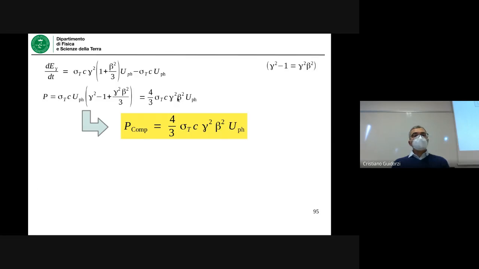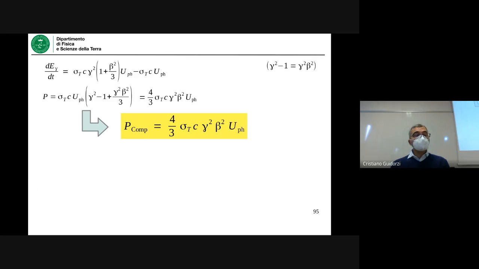So we finally proved the total power lost by the electron due to inverse Compton when it travels through a region filled up with a population of isotropically distributed photons. You see that we made no assumption on the spectrum of photons.